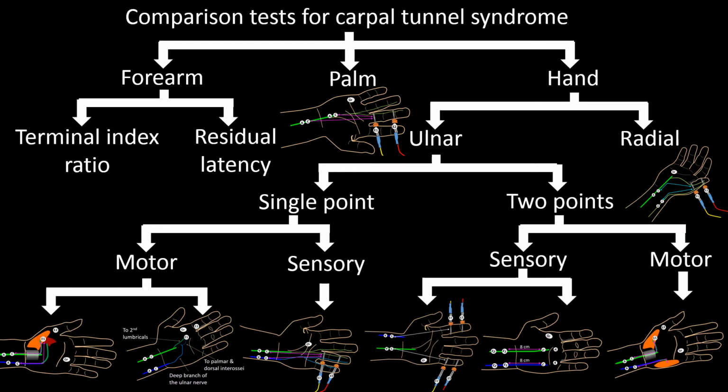Another test that compares median and ulnar motor conduction can be obtained by recording from the thenar region, taking advantage of the ulnar nerve innervating the first dorsal interosseous, the deep head of the flexor pollicis brevis, and the adductor pollicis, and the median nerve innervating all the other muscles in that region.